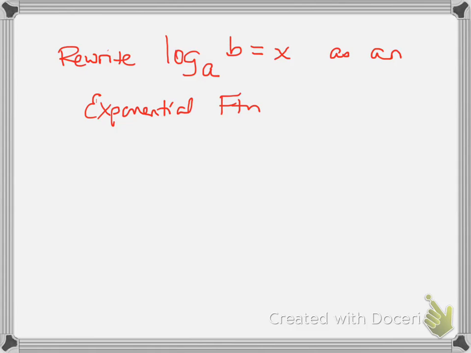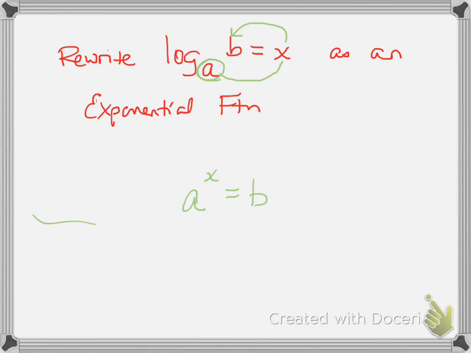Well, one of the little tricks that we use a lot of times is something called the loop-de-loop. So we start at the base always, loop around this way, finish that way. What would that look like? A to the x power equals b.